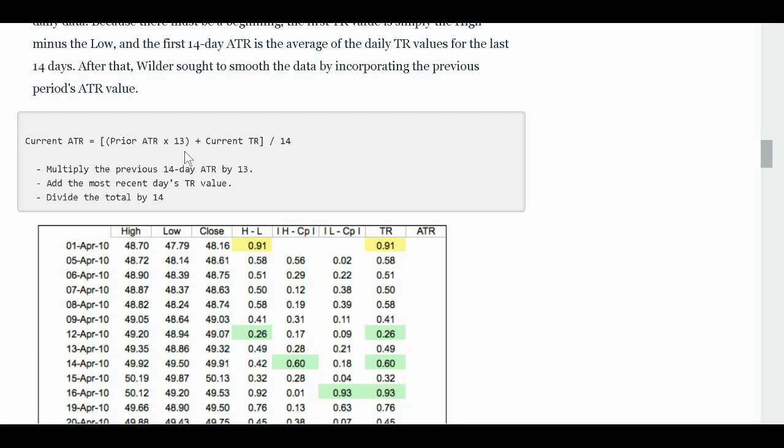Just understand that on its default settings, it's divided by 14 because it's 14 day. But you can adjust it for different periods, if you want it to look back more than 14 days to get the average volatility, or less than 14 periods. So there it is, there's a formula in case you're interested.